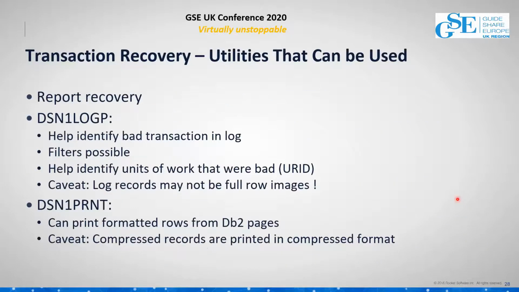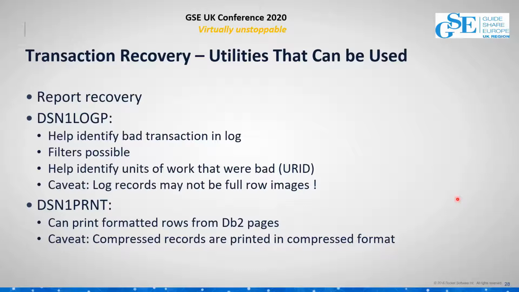Let's put it this way. Utilities that can be used to get yourself out of that situation, certainly the top one is probably DSNLOGP. With a recent image copy, DSNLOGP may be used to reconstruct the row image, because DSNLOGP only prints the log, but it doesn't necessarily log the entire row.